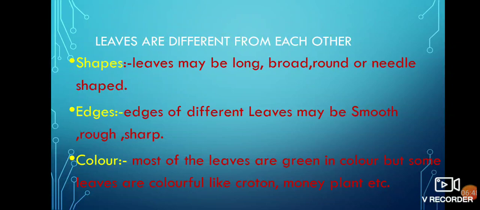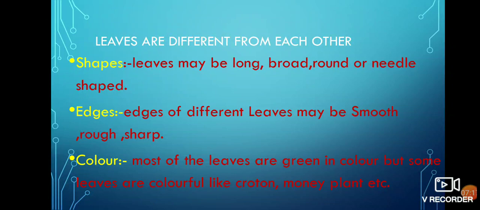You can see the leaf of lotus is round in shape, or needle shaped. Needle shaped leaf you can see in hilly areas. Edges. Edges means kinara. Leaves of different plants have different edges, maybe smooth, rough or sharp.